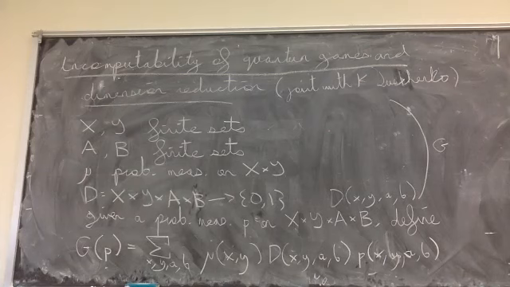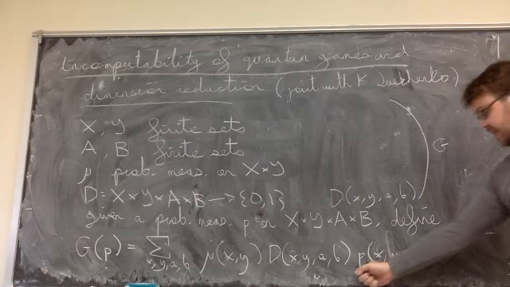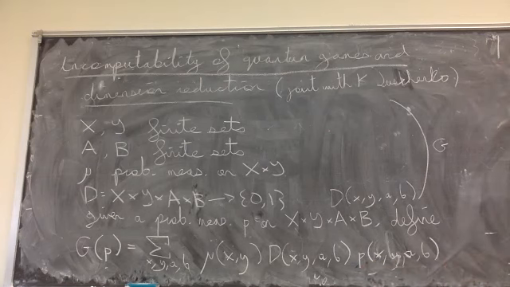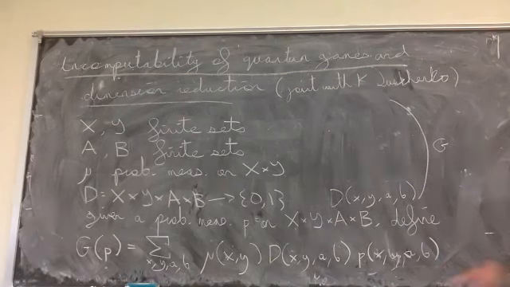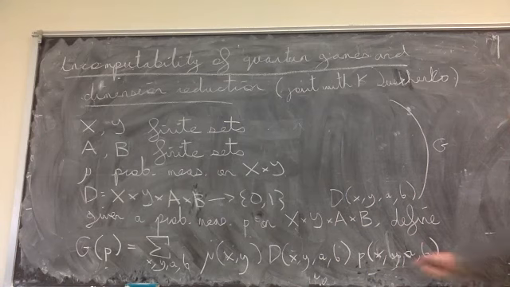What this construction is supposed to communicate is the following. This probability measure P is a strategy for 2 players. You have 2 players, let's call them Alice and Bob, and A is Alice's alphabet and B is Bob's alphabet. Then P of x, y, a, b is the probability that if Alice is asked x and Bob is asked y, Alice says a and Bob says b.